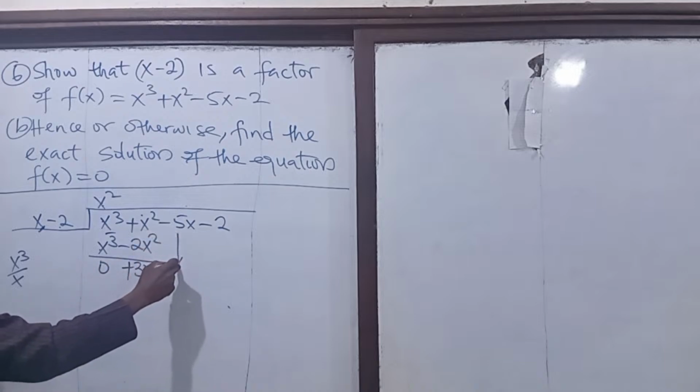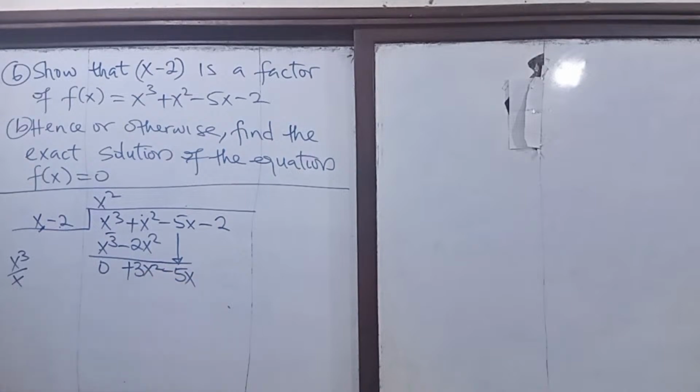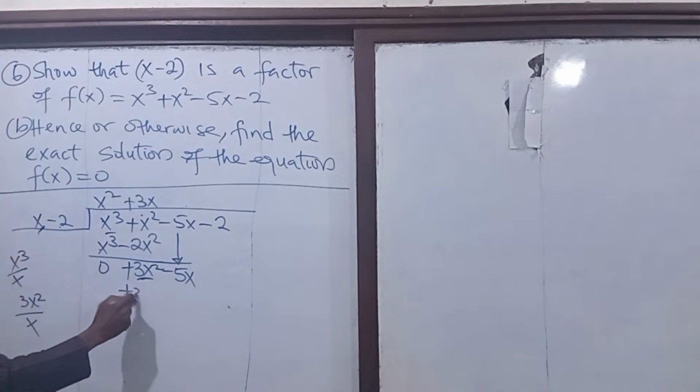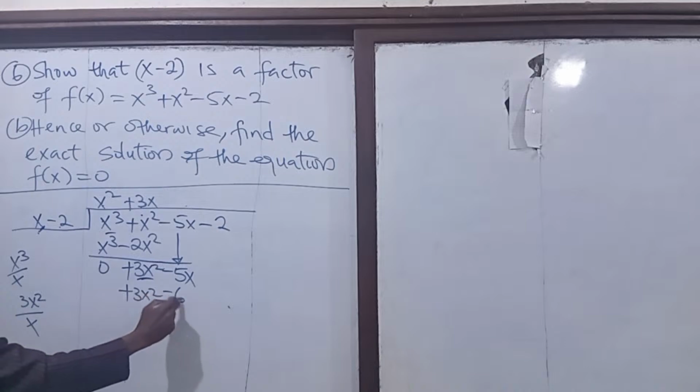Take the next one down, which is minus 5x. Then 3x squared over x gives plus 3x. So 3x times x is a plus 3x squared, and 3x times minus 2 is minus 6x. Do your subtraction.